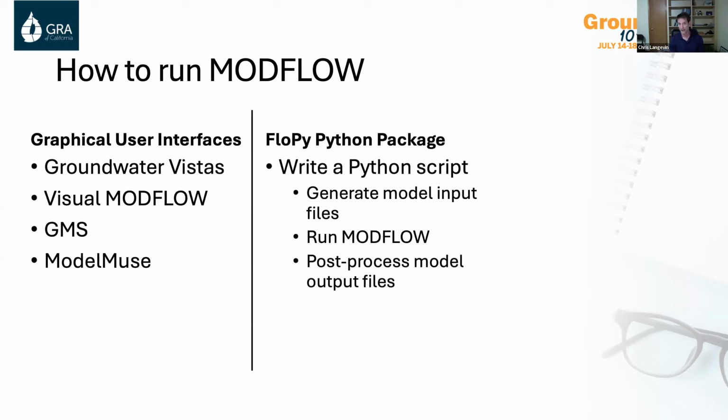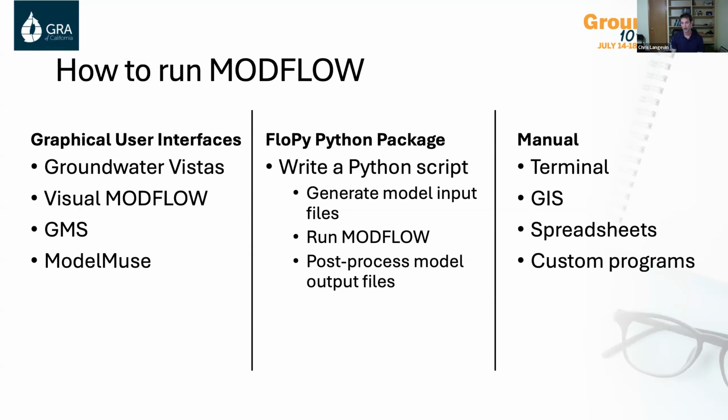What I'm going to talk about today is the FloPy Python package approach, where you write a script that generates the model input files. It can run the MODFLOW model for you as well as post-process the output files. And then probably many of you are also familiar with just working with these files manually.